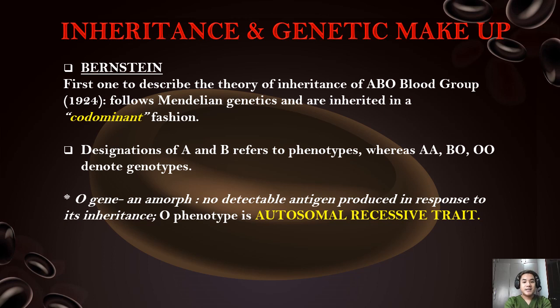The designations of A and B refer to phenotypes, whereas AA, BO, OO, and so on denote genotypes.